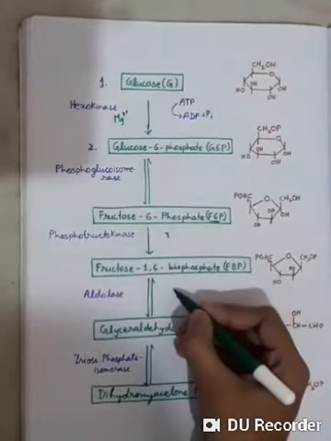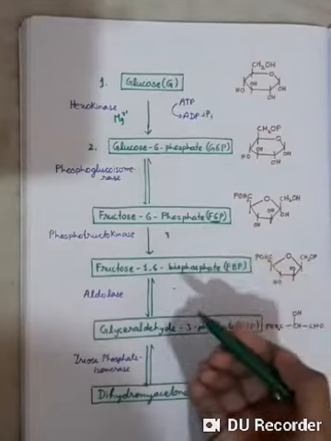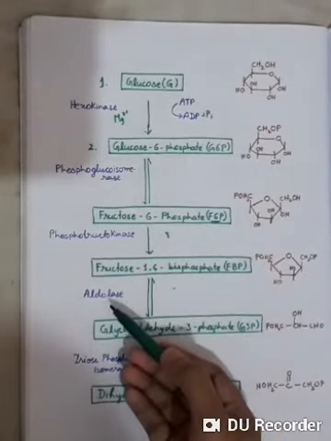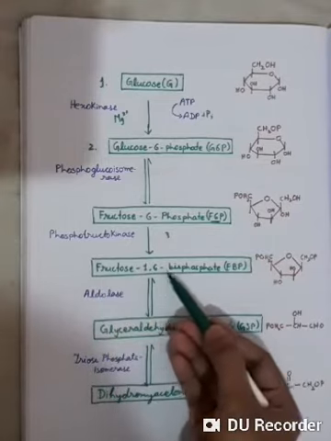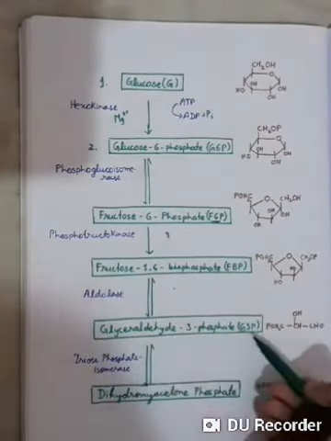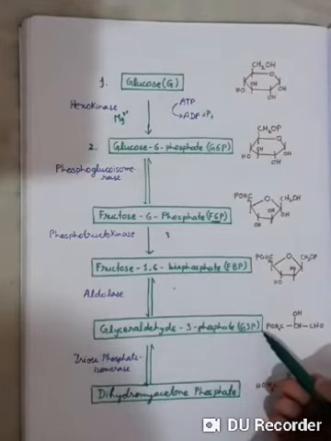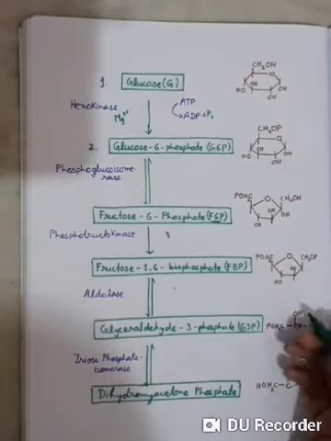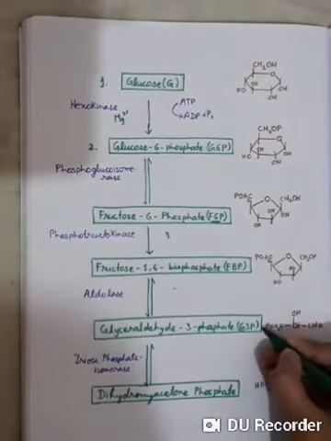After that, the fourth step is regulated by the enzyme aldolase, where the fructose 1,6-bisphosphate is converted to glyceraldehyde 3-phosphate, that is G3P. Here you can see the molecular structure of glyceraldehyde 3-phosphate. In the 3 carbon position, there is a phosphate group.